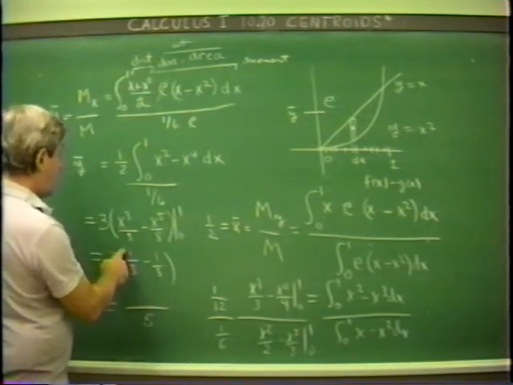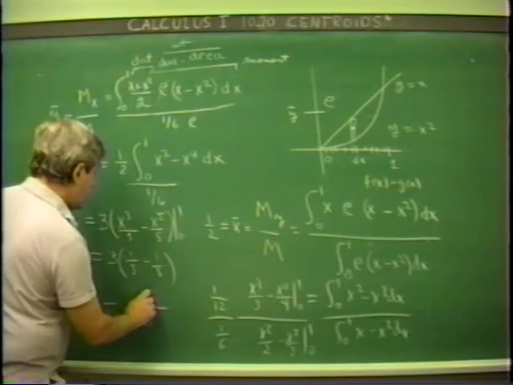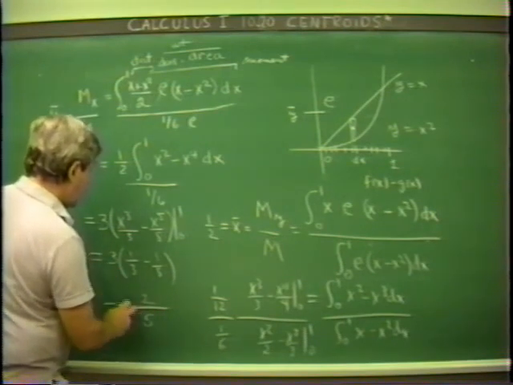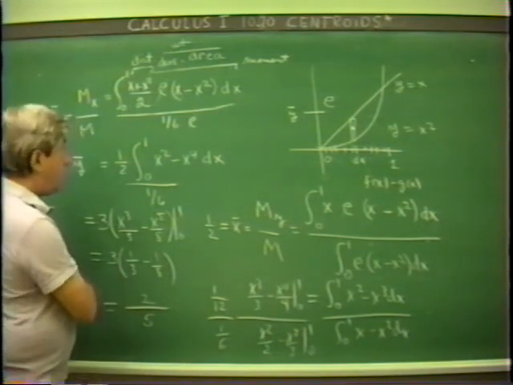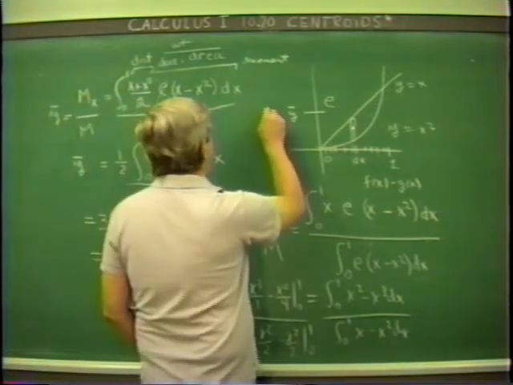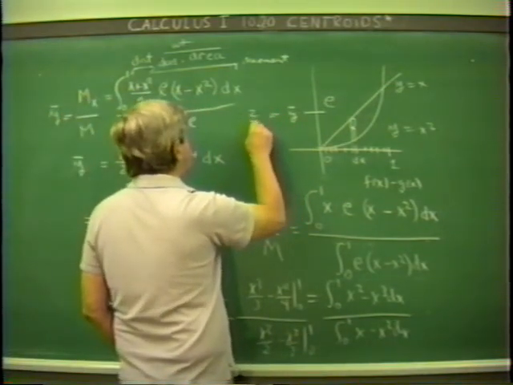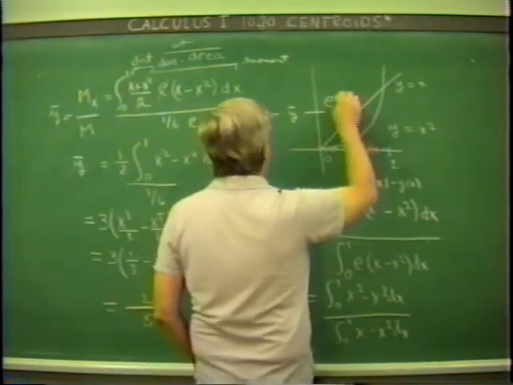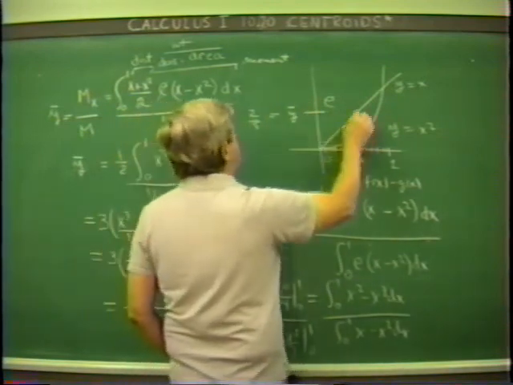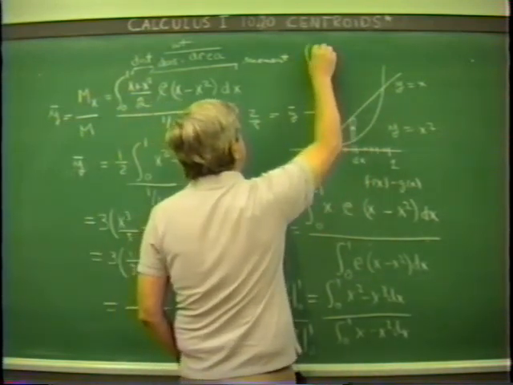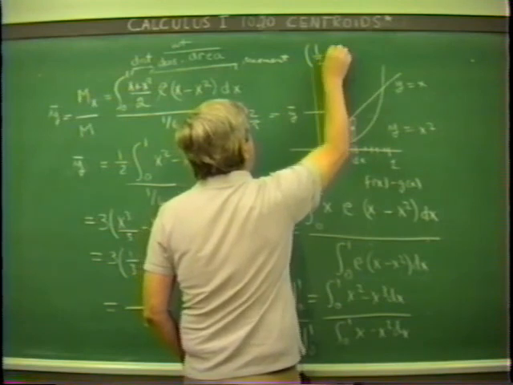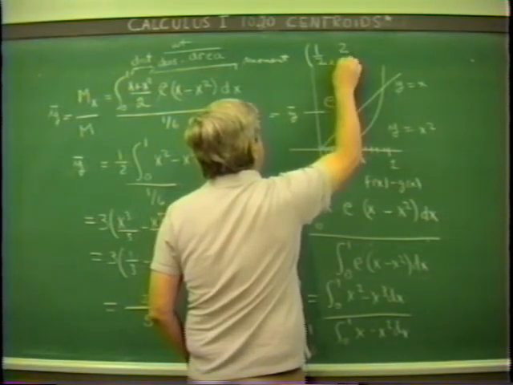Right, which is going to equal so many 15ths. I'll divide the 3 into the 15th, getting 5 here. It's going to be 5 15ths minus 3 15ths, or 2 15ths times 3, or 2 fifths. So 2 fifths is the y coordinate here.